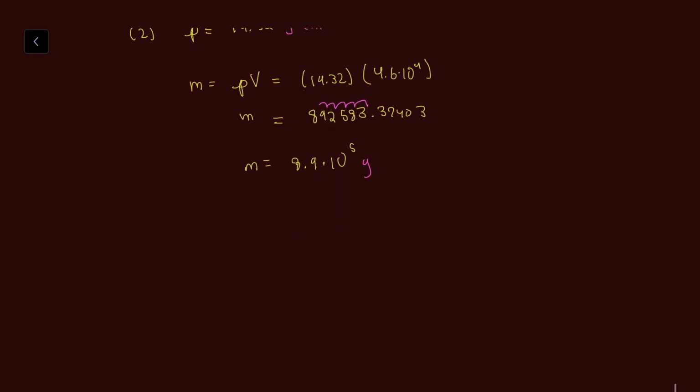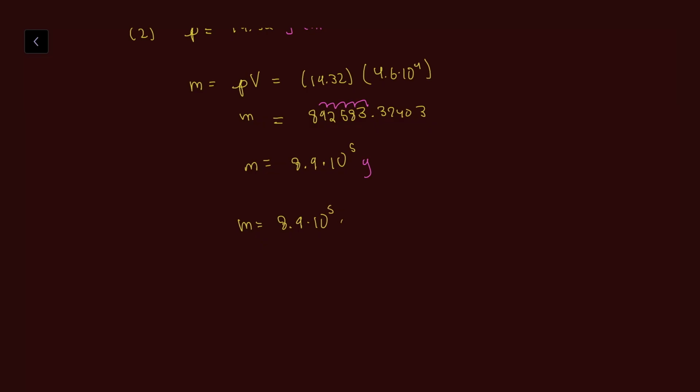Now, I don't know about you, but I don't typically lift things in grams. I'm more used to lifting things in pounds. So in order for me to be able to understand how much this weighs, it's easier for me to convert this into pounds.